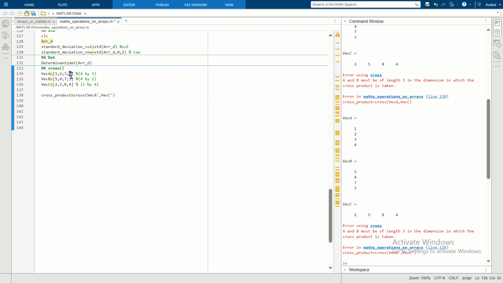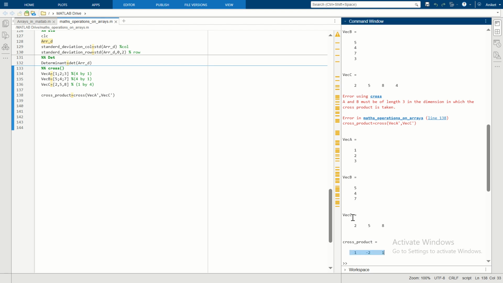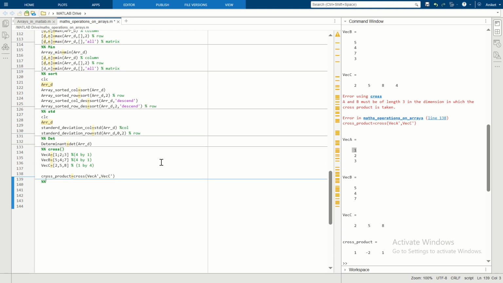Yes, it should be of 3 by 3 because cross product works with IJK. Yeah, correct. Yeah, this is the cross product. So ABC is there, and we have multiplied A and C. I don't know how it works, you just carry out the mathematics.